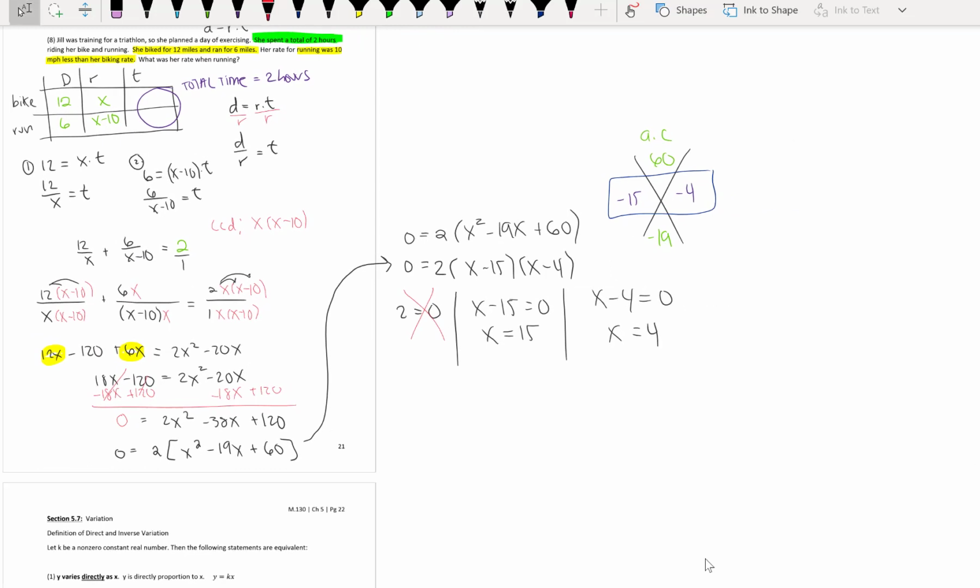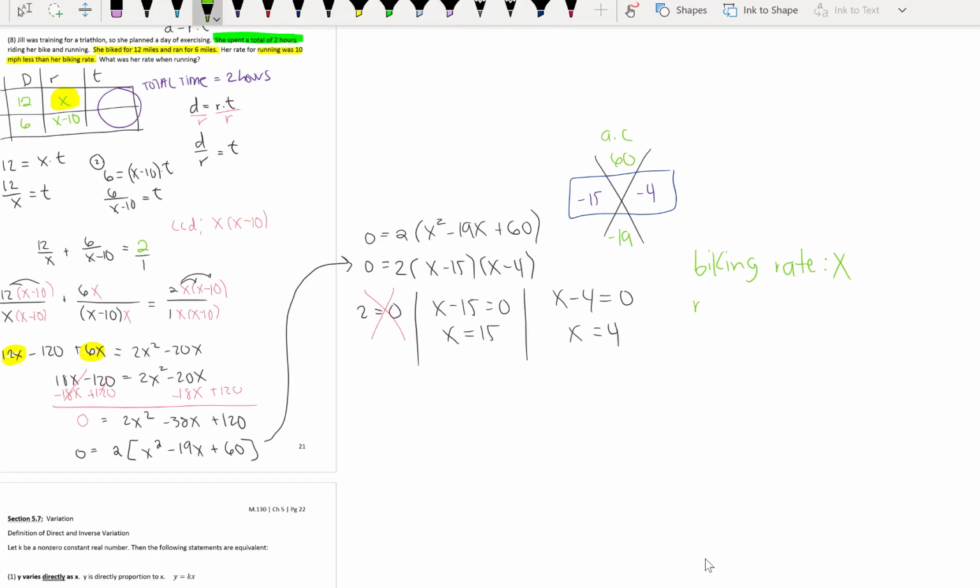And remember, what did x represent? x represented the biking rate. So remember, the biking rate is x, so the running rate would be x minus 10.